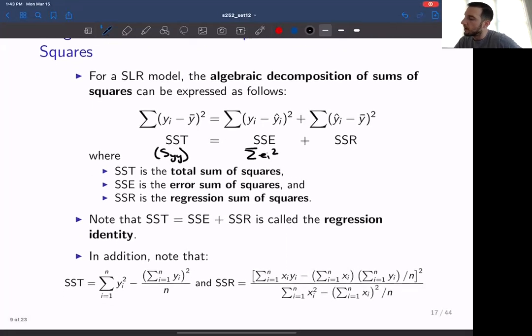Now, SST is the same thing as SYY, so that can be computed using the same formula shown when we introduced B0 and B1. SSR, which is shown next to it, is equivalent to SXY squared divided by SXX. Okay, so those are the same thing.